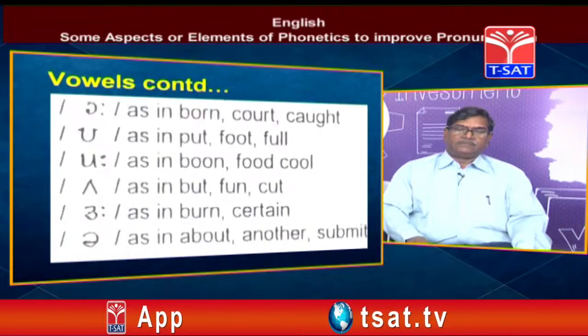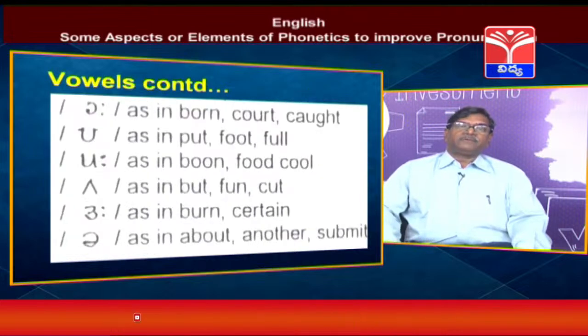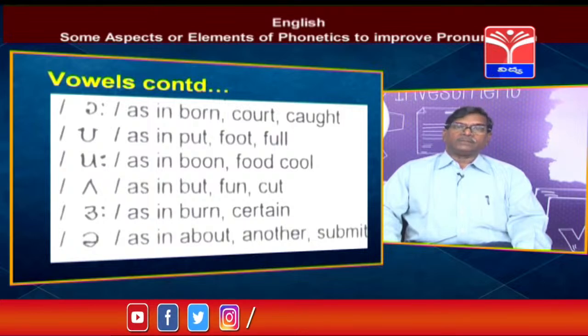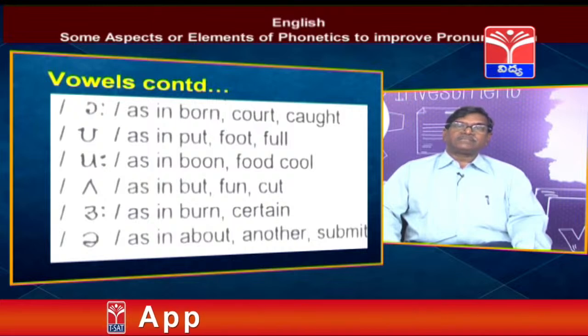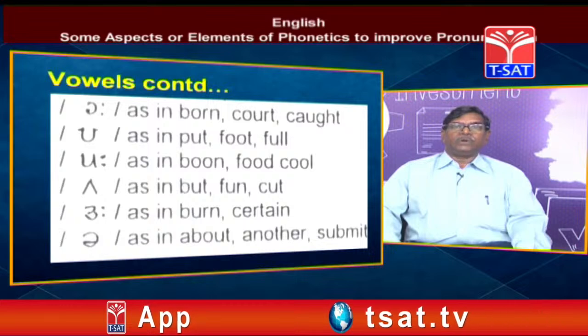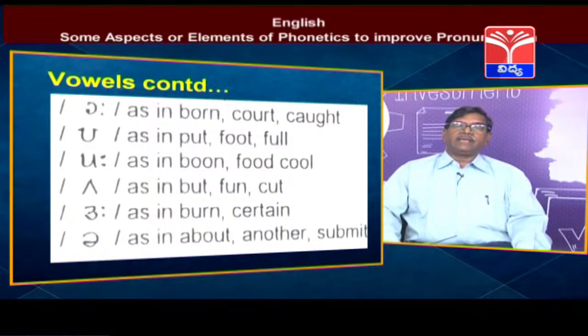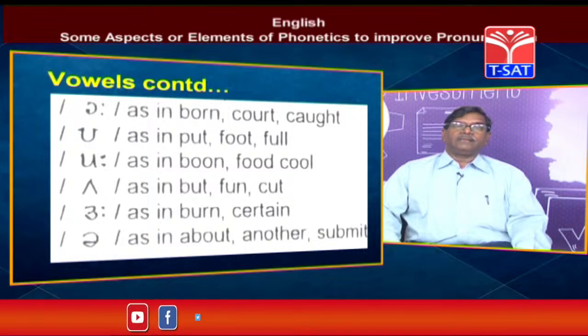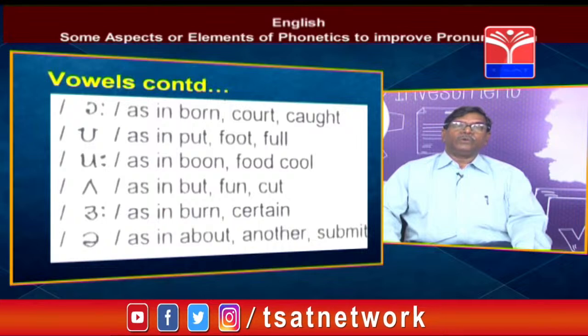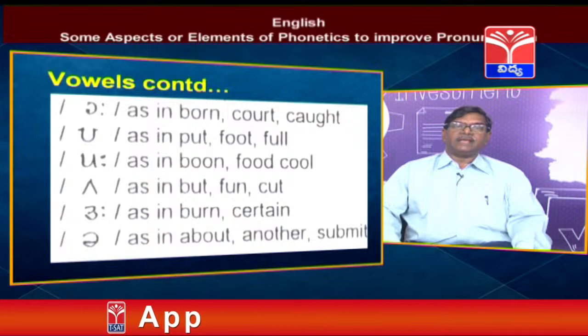And then we have the symbol O, as in born, coat, court, C-O-U-R-T, caught, C-A-U-G-H-T, ball, B-A-L-L, all, A-L-L. So, in all these words we have the elongated sound O, which we have in our Indian languages.